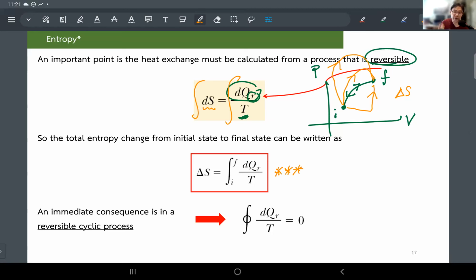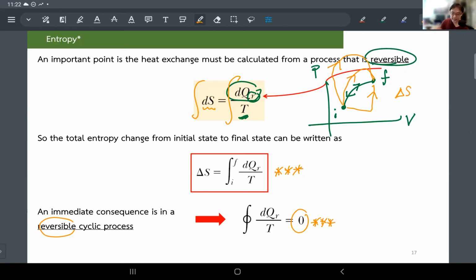At least you know that the quantity you need for the entropy calculation is the ratio of the heat over temperature, and then you sum those up. A crucial thing is, if you have a cyclic process, that guarantees the reversibility of that process, and that means the entropy change is going to be 0 all the time. Of course, because you start and end at the same point, there won't be any entropy change.